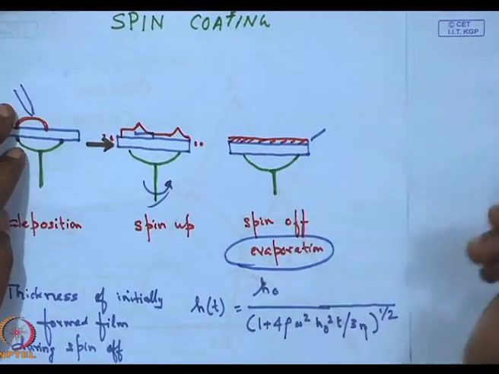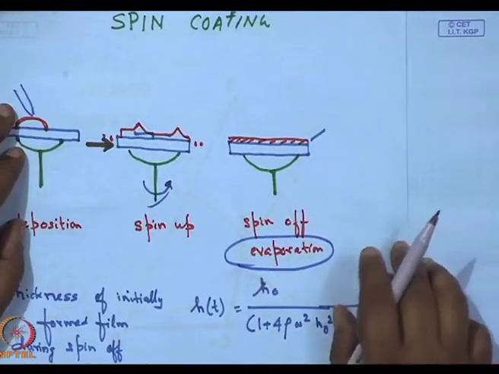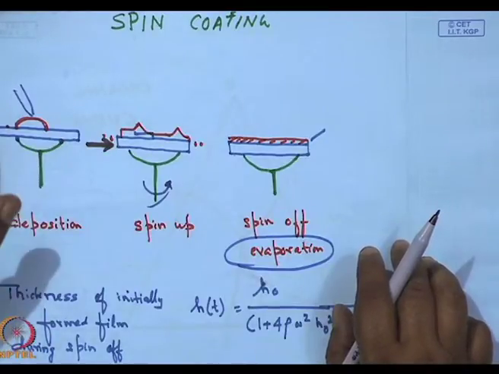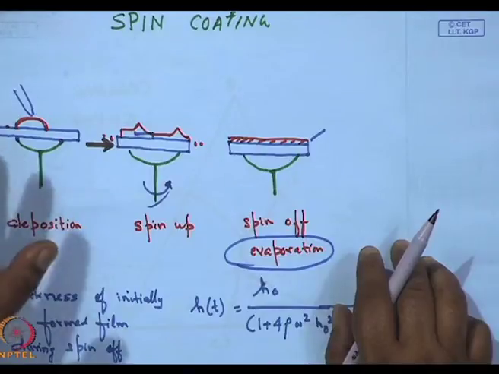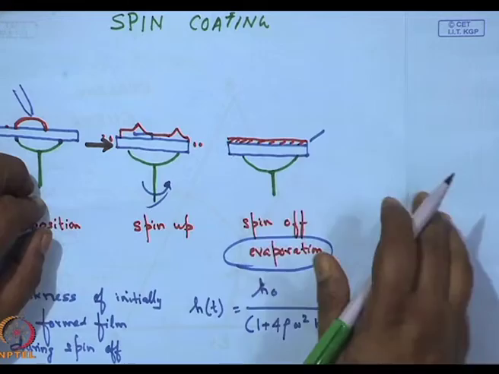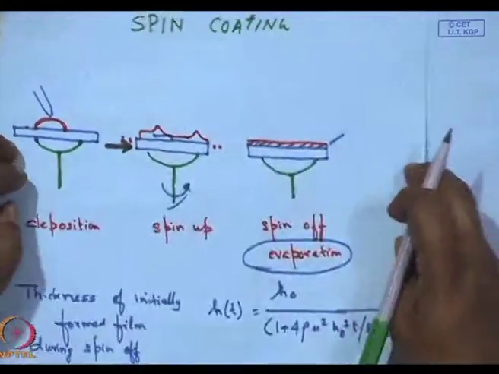You see, in the video that I showed you, spin coating is a very easy equipment to handle, but the difficulty is that the viscosity, the solids loading, and the adhesion between the two surfaces, that is the liquid and the substrate, have to be controlled very, very rigorously.